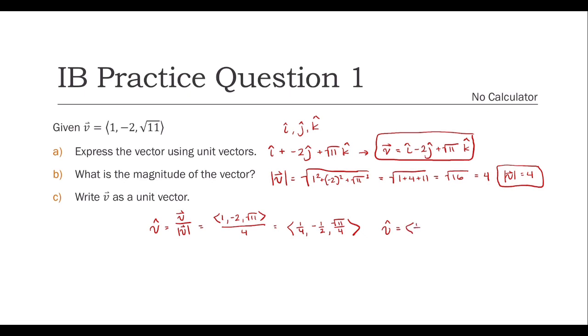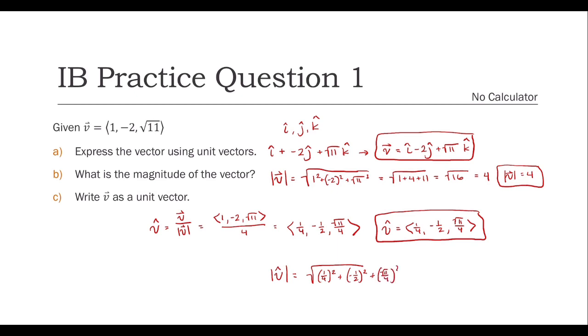You can check this by finding the magnitude of your vector and making sure that it actually is equal to 1. So to do that, we would do the square root. So the magnitude of our unit vector equals the square root of 1/4 squared plus negative 1/2 squared plus the square root of 11/4 squared equals the square root of 1/16 plus 1/4 plus 11/16.